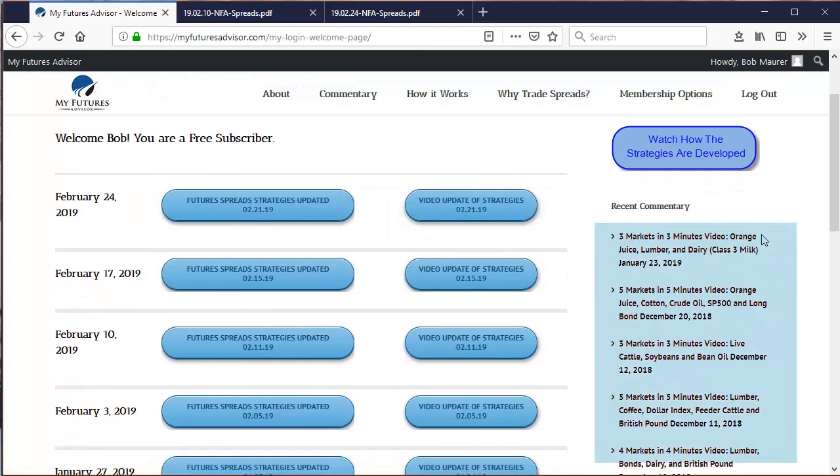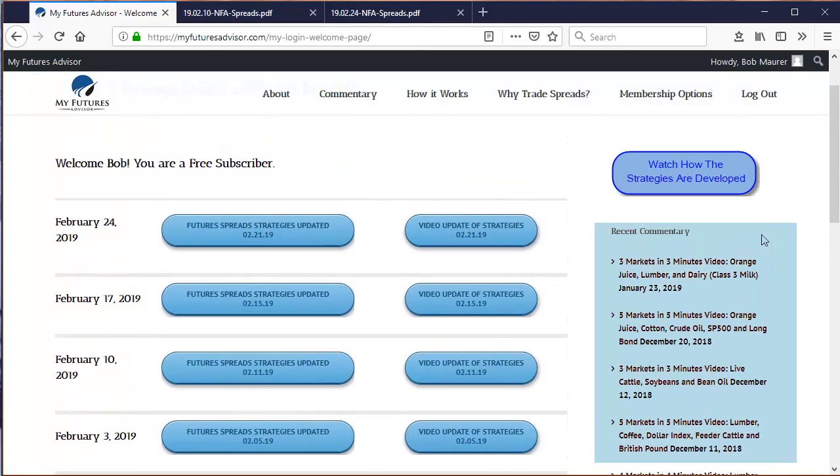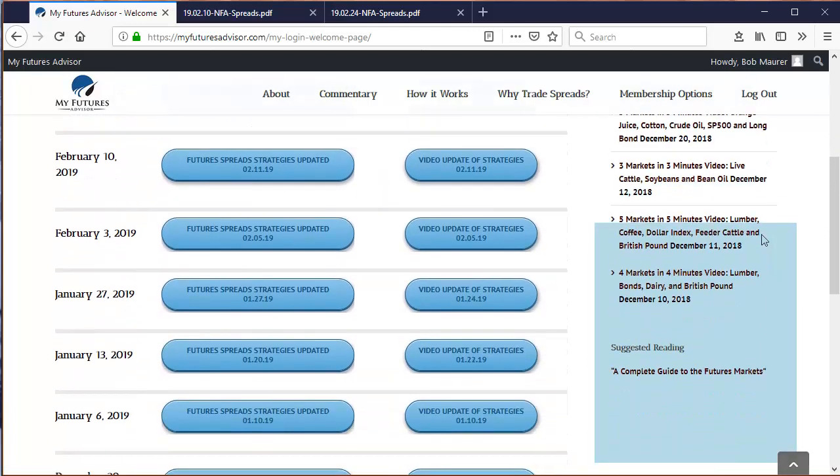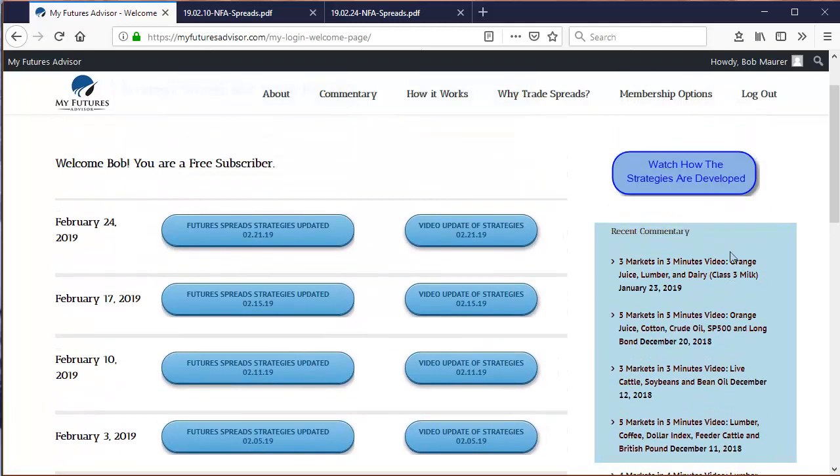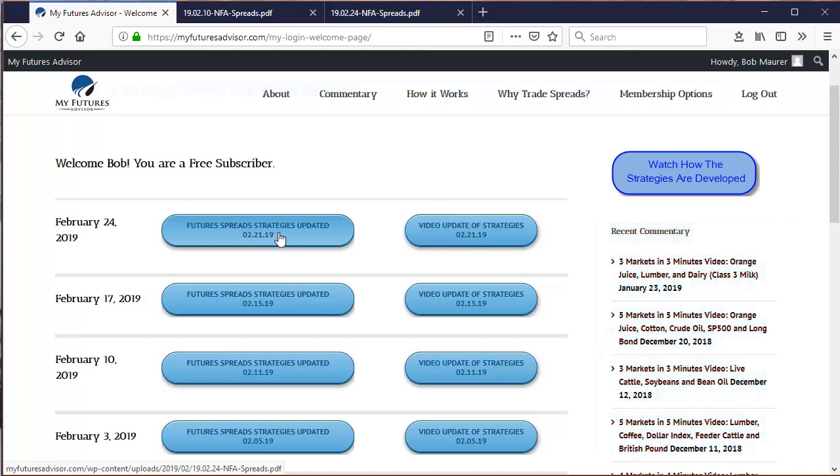And then on the right is some other information you can help yourselves to, such as recent commentary or some suggested reading. So to get into the nitty-gritty, first thing you do is click on the particular strategy sheet there and it'll bring up the sheet.